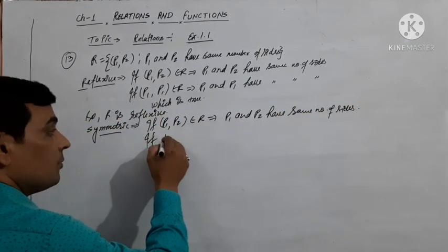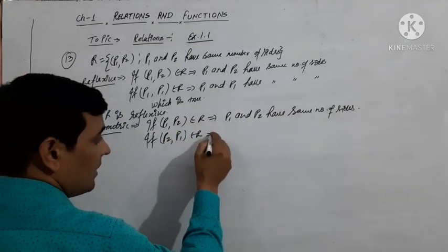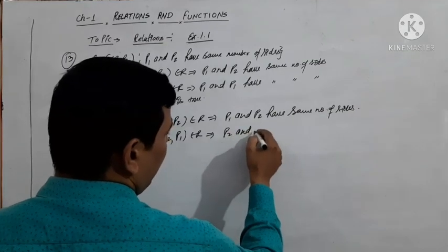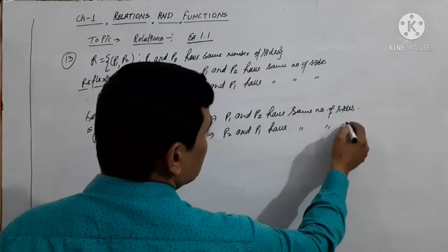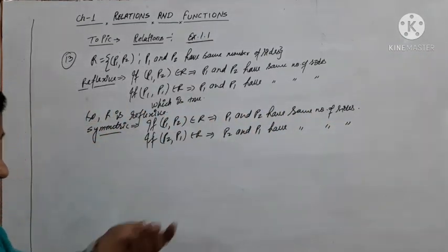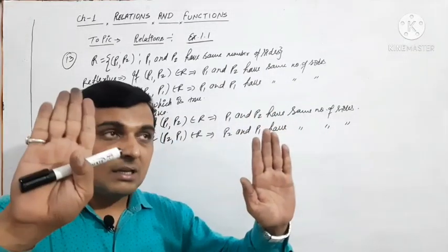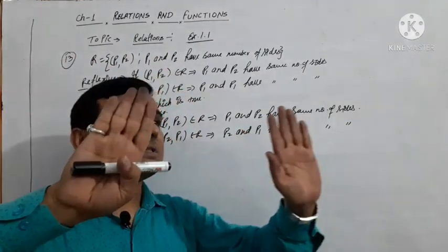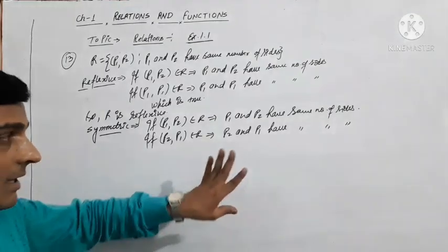If P2 comma P1 belongs to R, then P2 and P1 have the same number of sides. This is also true. If a figure P1 has the same number of sides as P2, then P2 will have the same number of sides as P1.